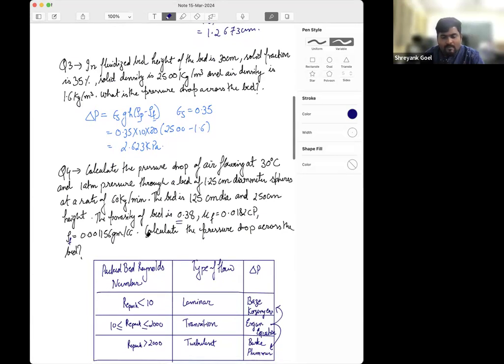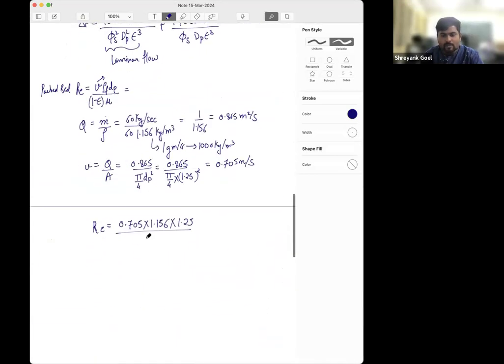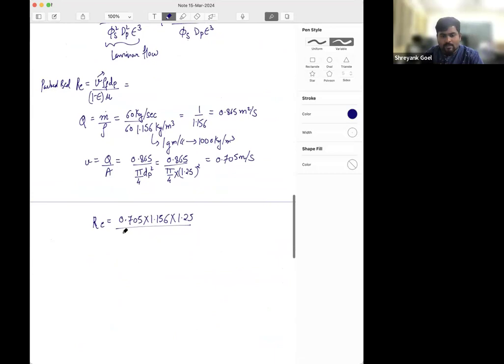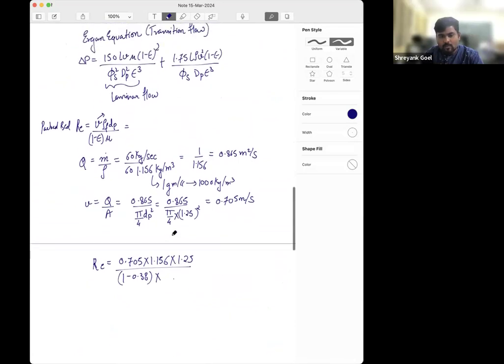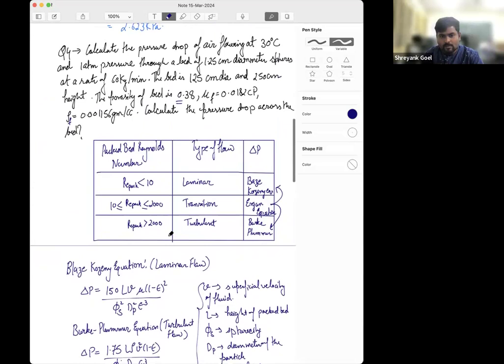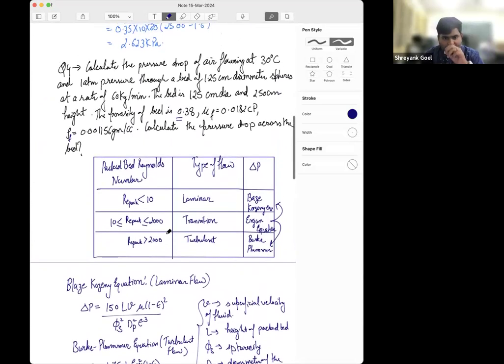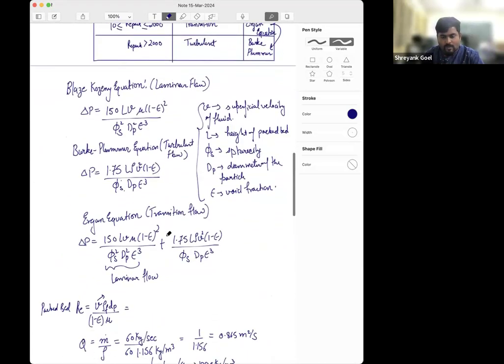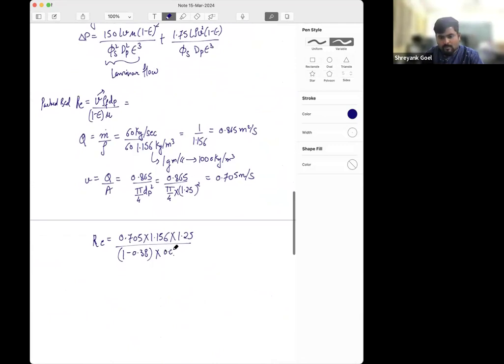The bed porosity is given as 0.38, so that is 1 minus 0.38, into mu, the viscosity, which is 0.0182 centipoise, so centipoise times 10 to the minus 3. On calculating, it is coming out to be 903.